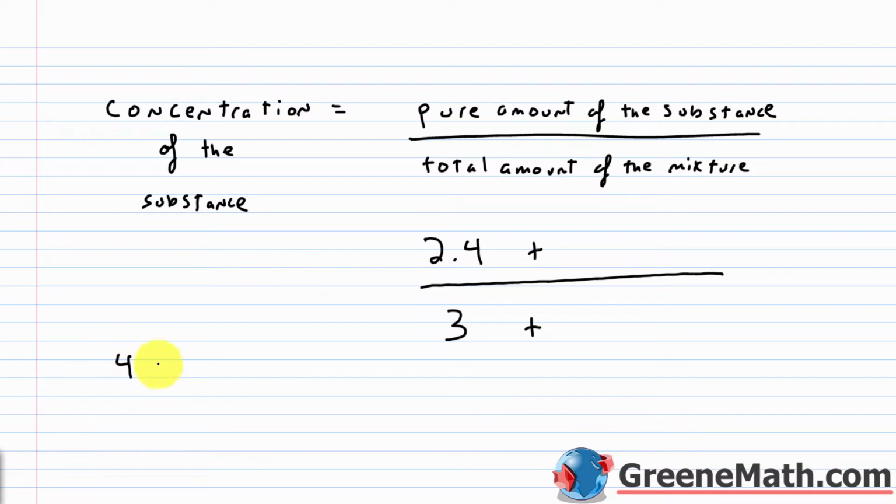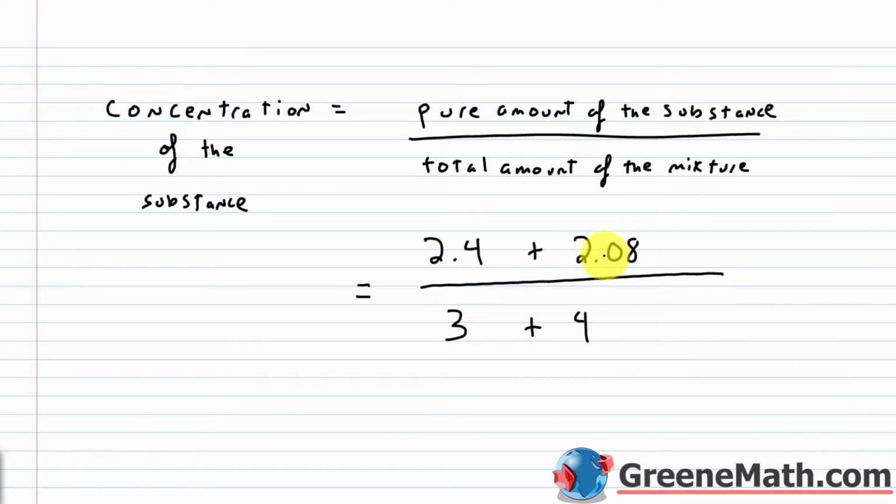So 4 times 52% as a decimal is 0.52. 4 times 52 is 208. You've got 2 decimal places between the factors, so this is 2.08. So again, this is how much in gallons that we have as a pure amount of alcohol. So this goes up here, 2.08, and the total mixture is 4 gallons. So that goes here.